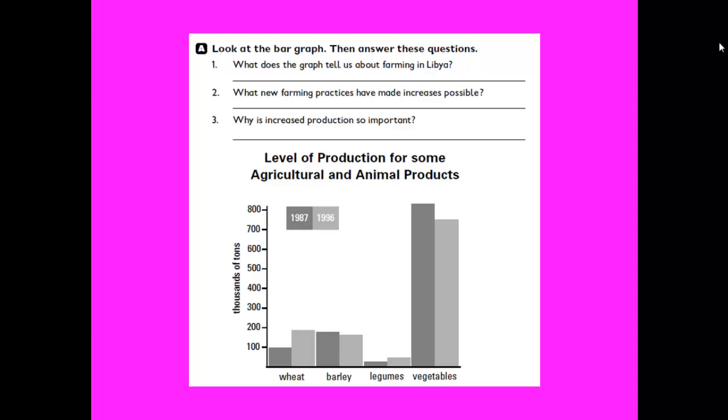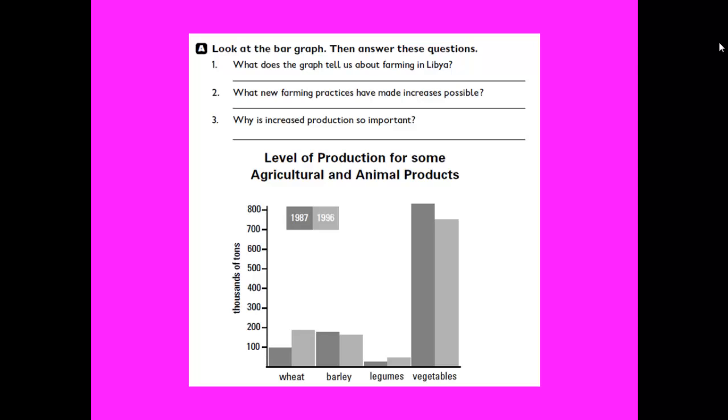The first date is 1987 and the second one is 1996. And on the left we have thousands of tons, and we have some figures, 100, 200, 300, 400, etc. If we look at the bar graph, we can answer the questions.